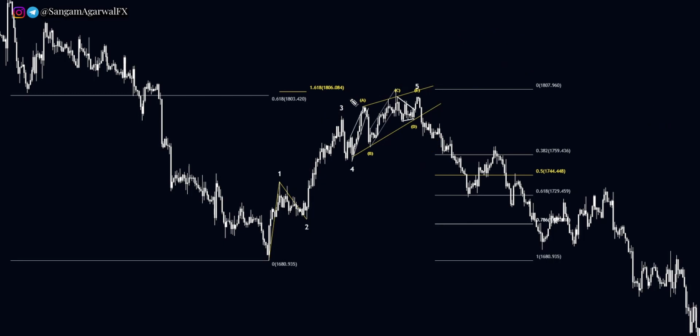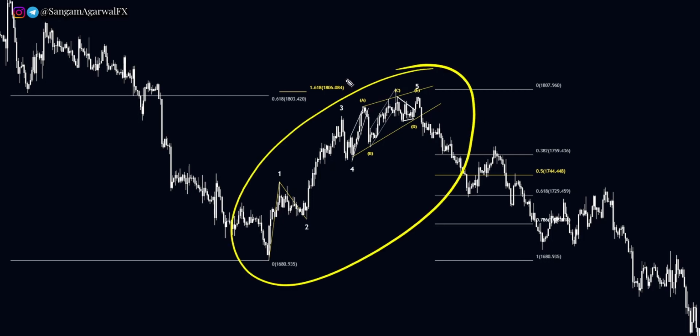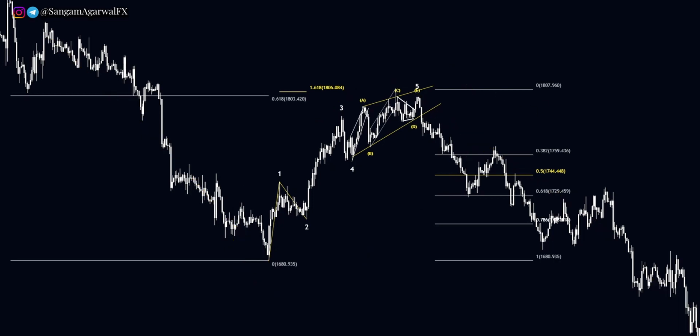And in this example you will see a complete understanding of how complete wave counting with the ending diagonal chart pattern works, the previous wave, and the wave which comes after completion of the ending diagonal pattern.